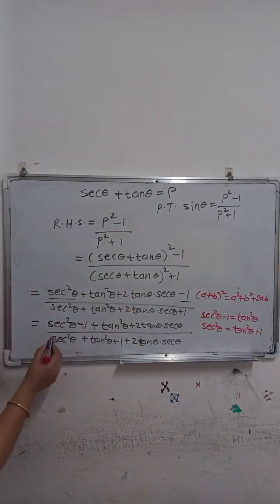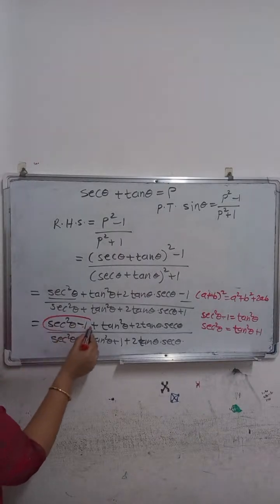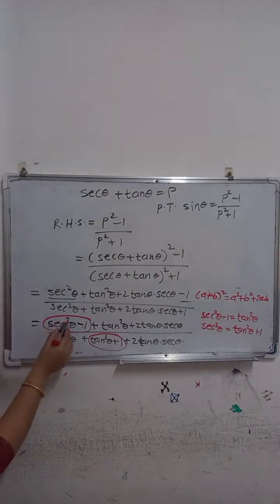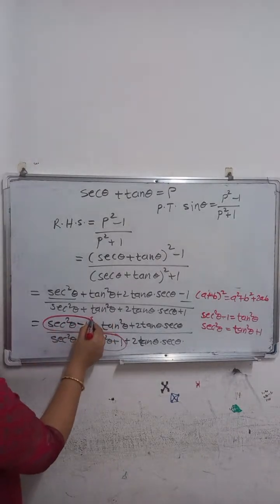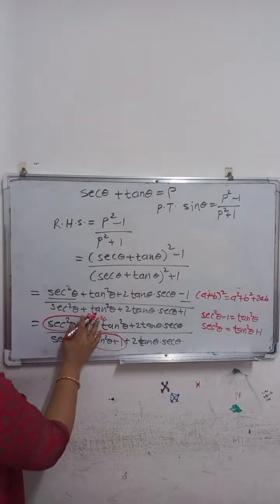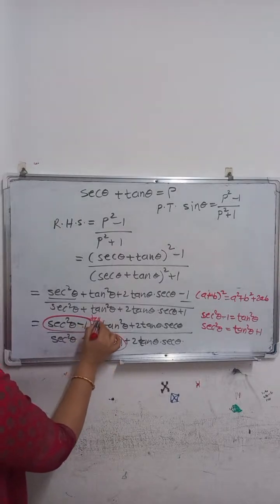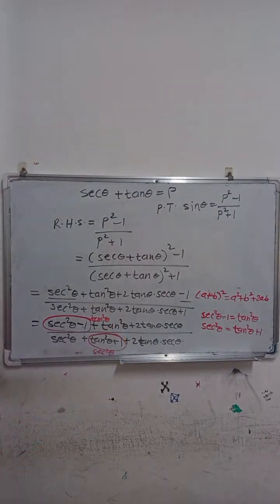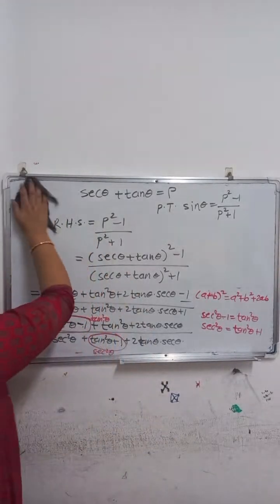So can you see this term, sec square theta minus 1 and tan square theta plus 1? So we can replace this by tan square theta, and this we can replace by sec square theta. Can you get it?